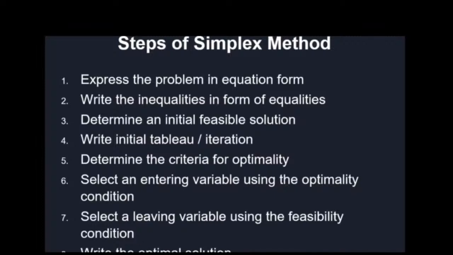Fifth, determine the criteria for optimality. The sixth one, select an entering variable using the optimality condition. Seventh one, select the leaving variable using the feasibility condition. And the eighth and last one, write the optimal solution. Now we are discussing them one by one in detail.